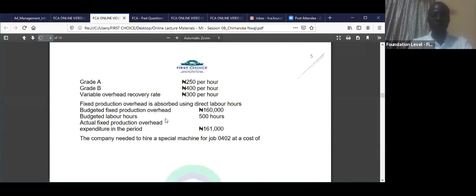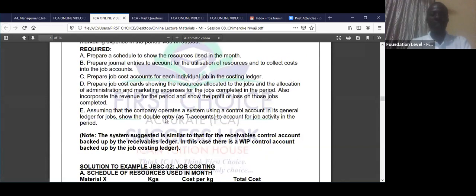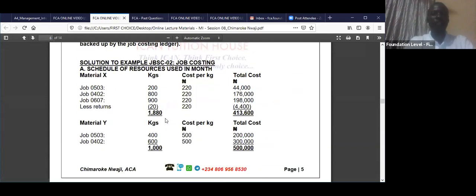So we saw here that in the resources used for the month, all the jobs used material X, and we saw the quantity used and the cost. Material Y, only 2 of the jobs used it, and their cost.